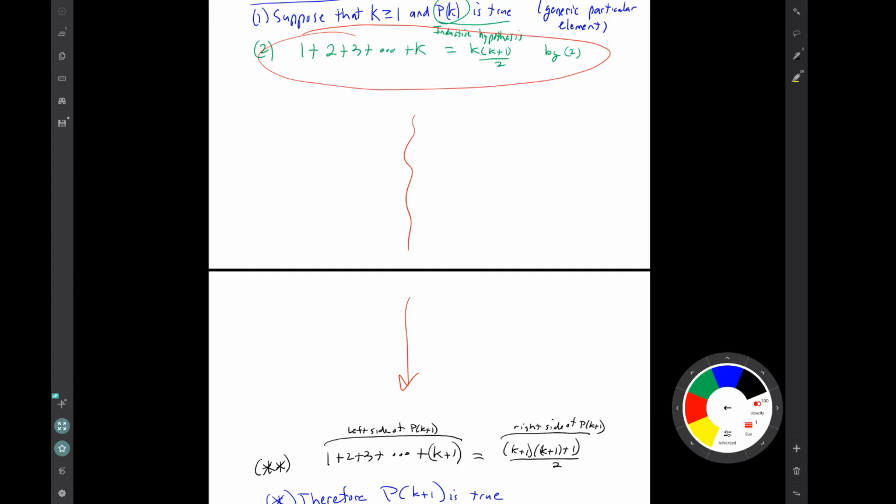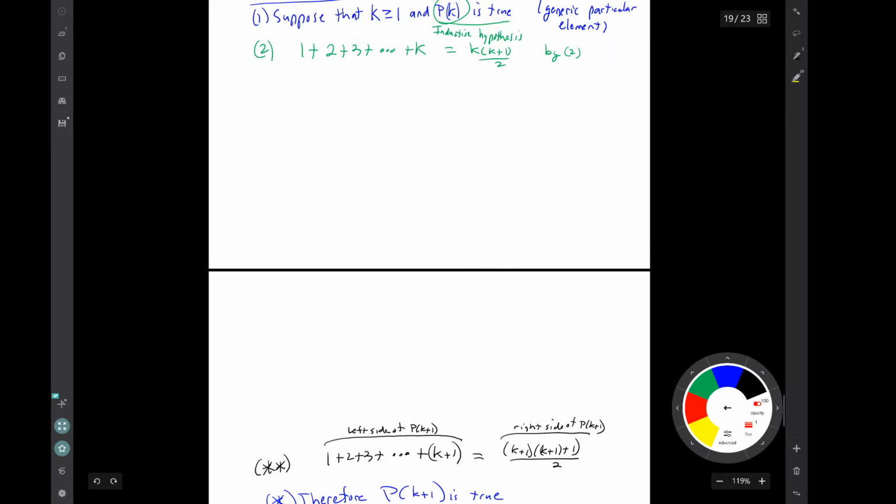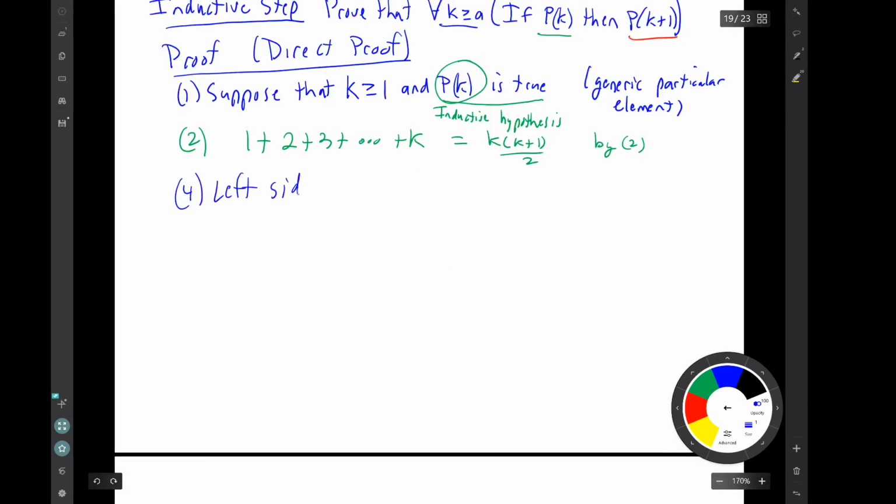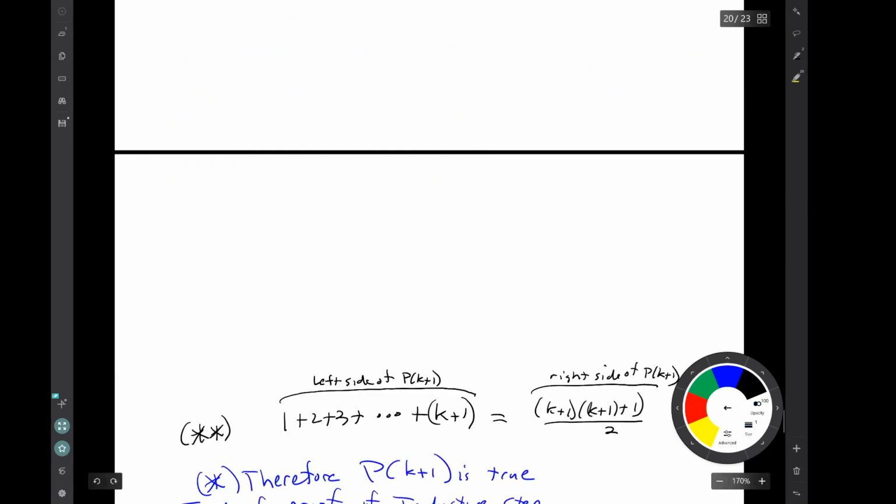So what I'll do is I'll start by building the left side of p(k+1). So there you see is the expression that's on the left side of p(k+1).